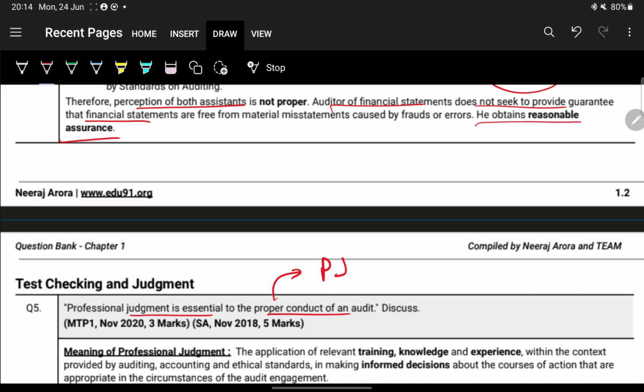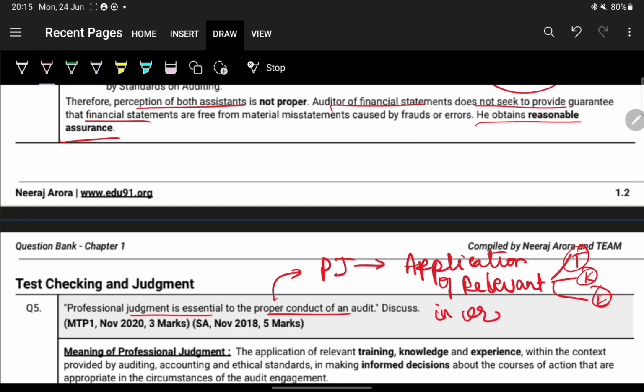Professional judgment is the application of relevant training, knowledge and experience within the context provided, in order to make informed decisions that are appropriate in the circumstances.